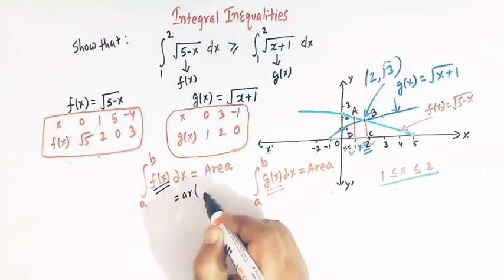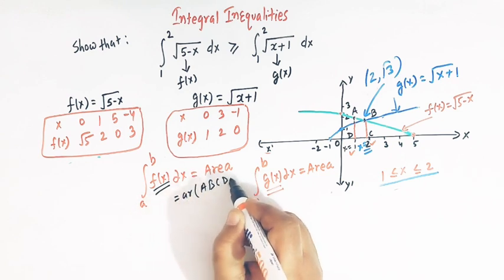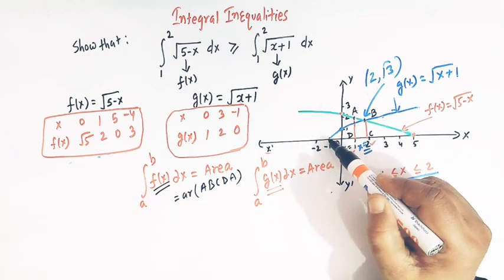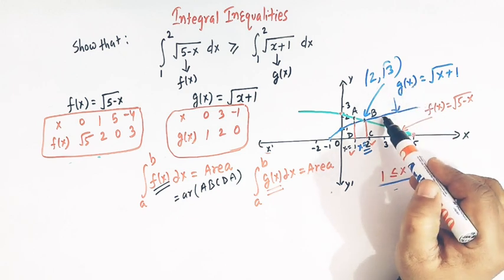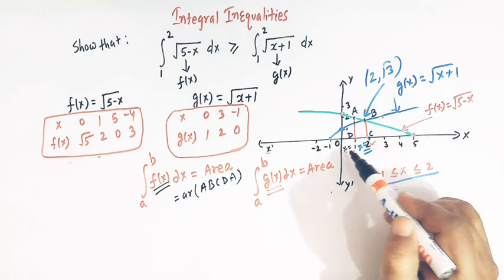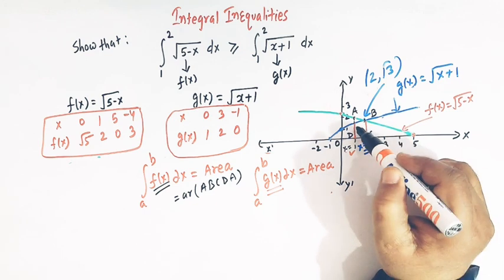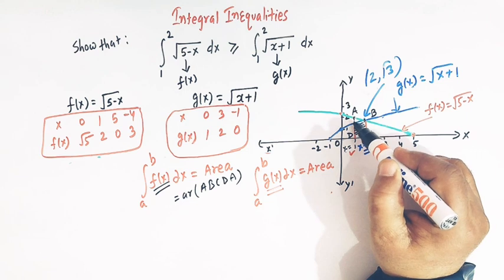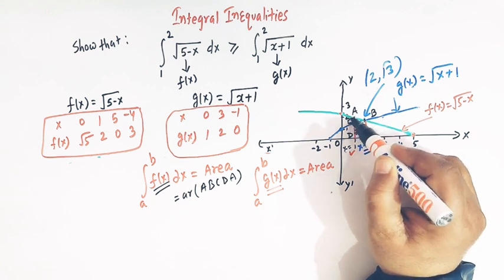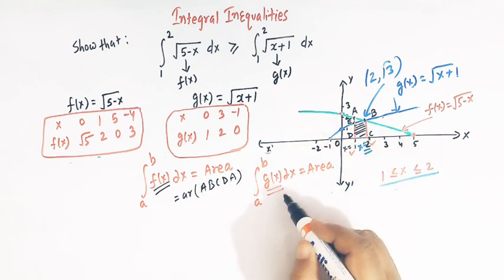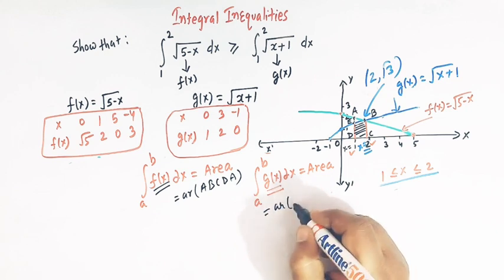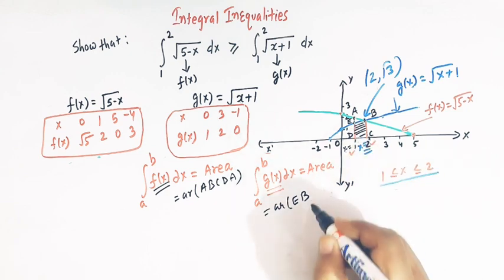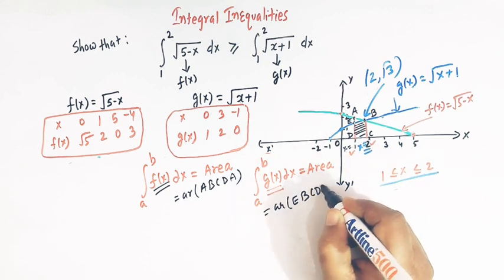And the area bounded by the blue curve, g of x, from x equal to 1 to x equal to 2 is this area. Here we can take this point as the point E, so the area is E, B, C, D, E.